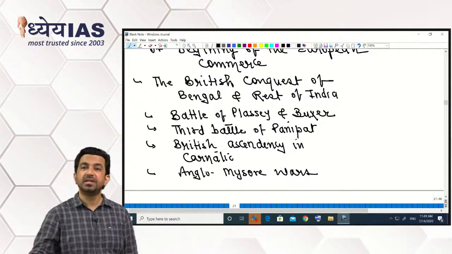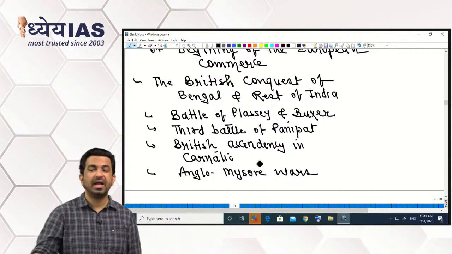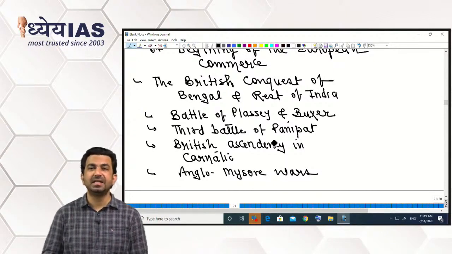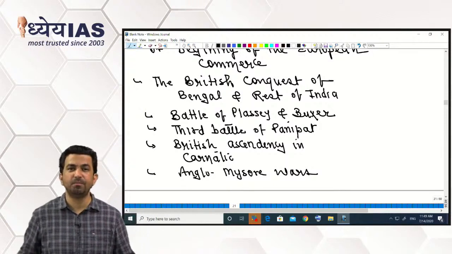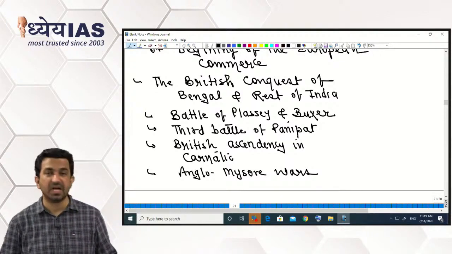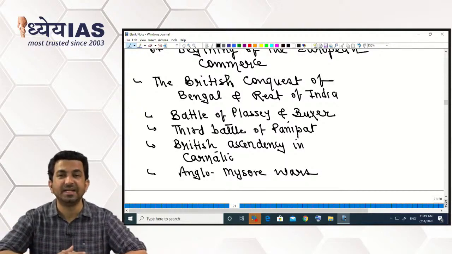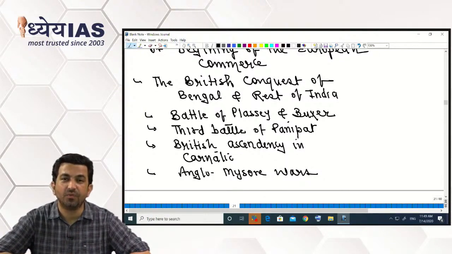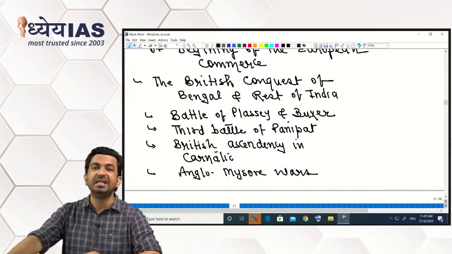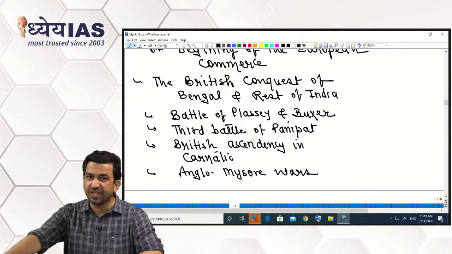As a result of the fourth Anglo-Mysore War, Tipu Sultan was defeated and killed while fighting at the gateway of his capital city Srirangapatnam, and Mysore fell into the clutches of the British East India Company.